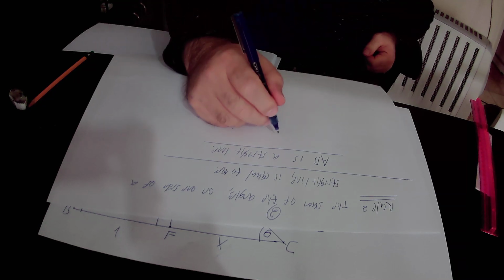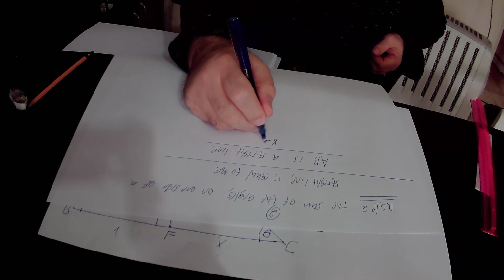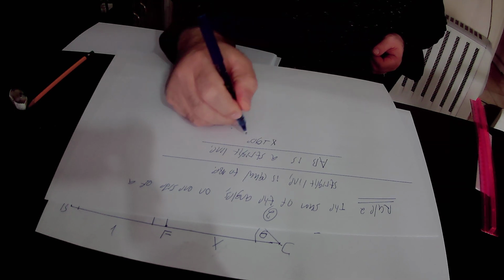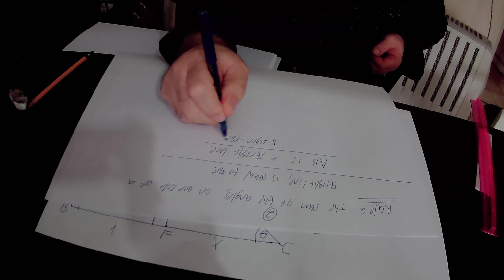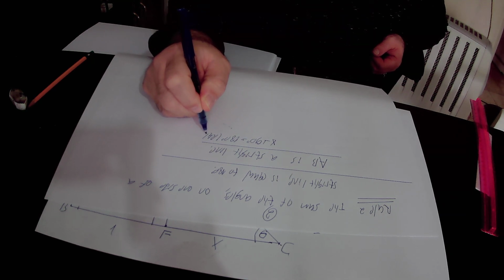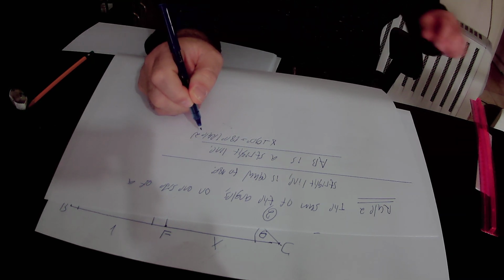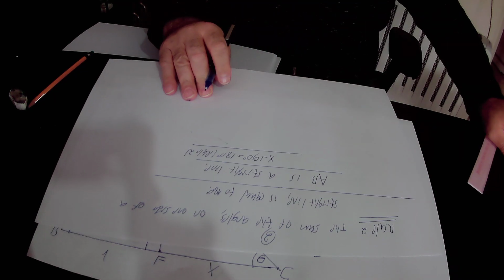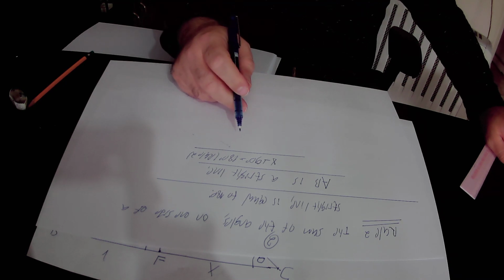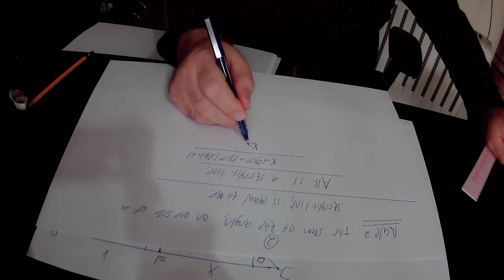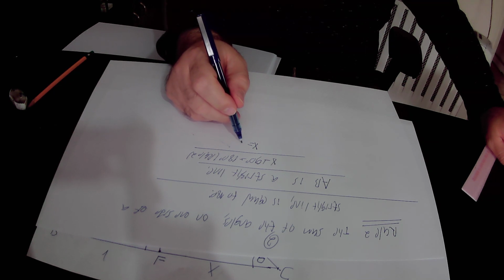So we subtract 90 degrees and we get that angle X equals 180 degrees minus 90 degrees, which is 90 degrees.